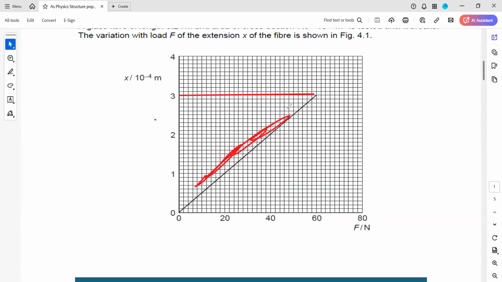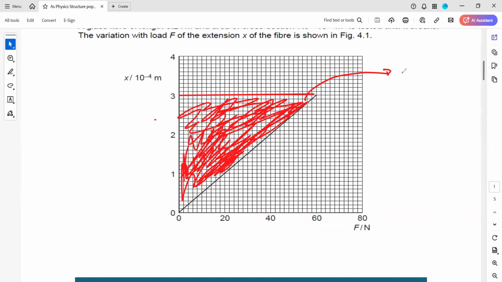It is forming a triangle. When it is forming a triangle, I can take the area of any part. It won't make a difference. So it will be half base times height. The base is 3 times 10 to the power minus 4 and the height is 60. When you multiply, you get how much energy will be stored.